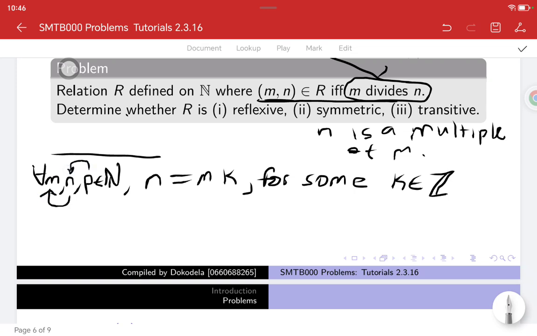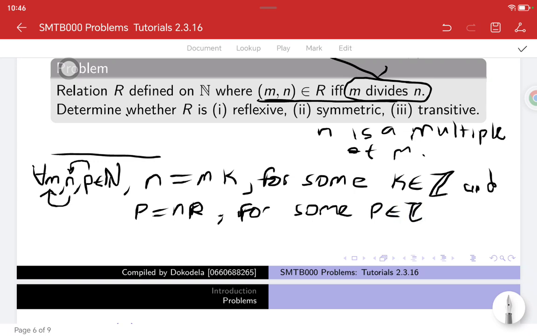Then we take p is equal to nr, because I can't choose the same integers, for some r an element of the integers.